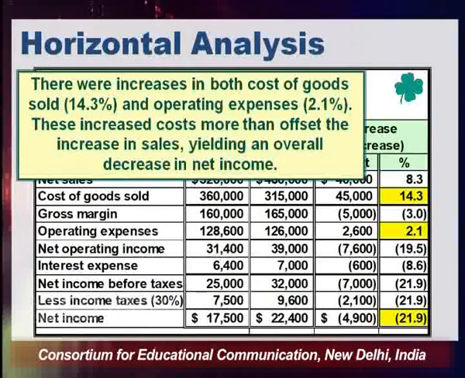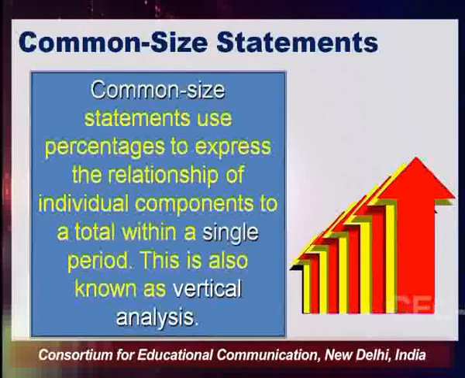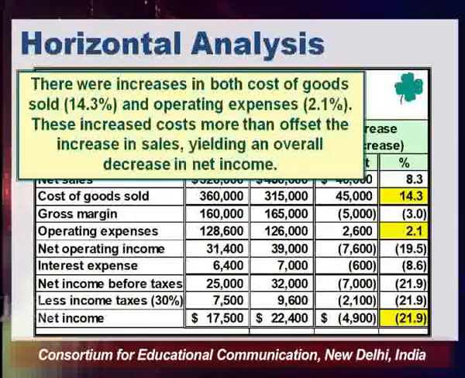And now if you look at the operating expenses, my operating expenses have gone up from the previous year, 2.1%. So the increase in my operating expenses has actually led to this negative change in profits, even though my sales have gone up, right?